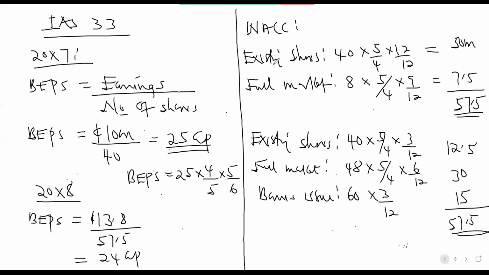I will re-show it for you how you can go about it. 25 times 4 times 5 divided by 30. I'm getting 16.67.